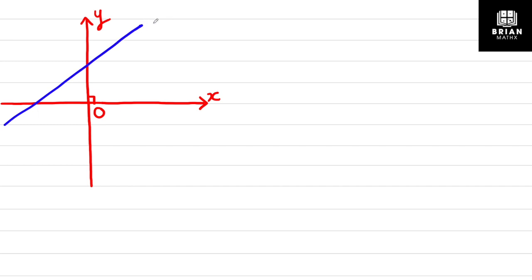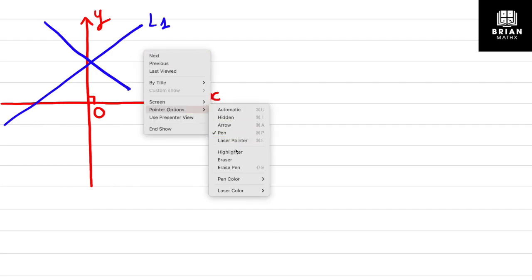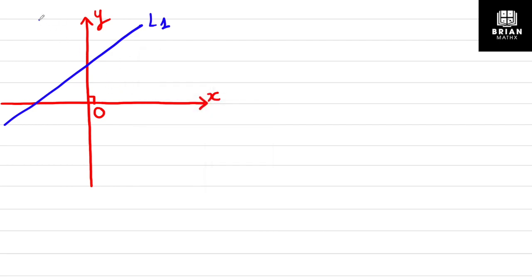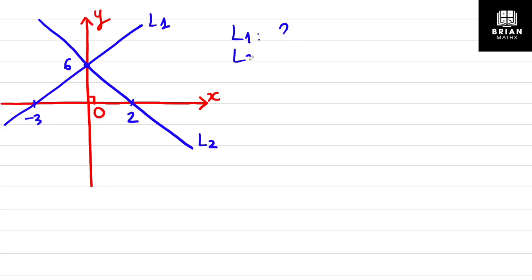And for this question, I call this one line 1, and I call this equation, and this line is line 2. The point here also equals 6. This one is -3 and this one is 2. So how can you find the full equation of line L1 and line L2? Okay, one by one we can do this.